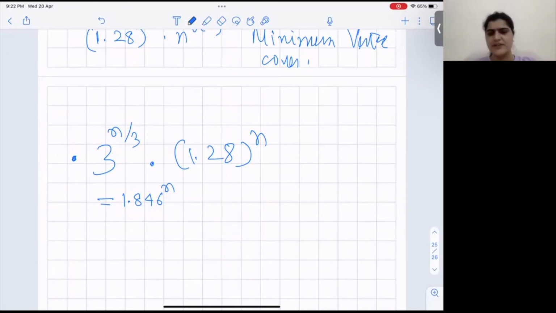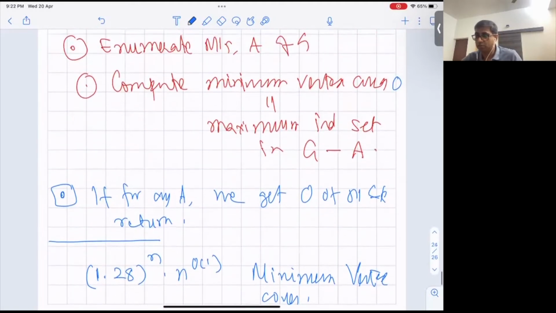Sakit, I have a question or maybe suggestion. So it's 1.28 to the power n, but we need not find the vertex cover in the whole vertex set now. Yeah, you're right.